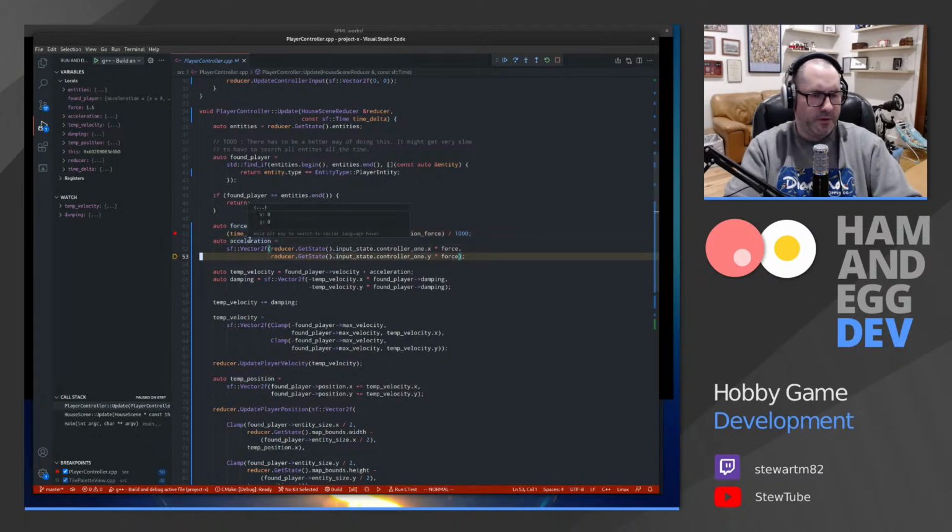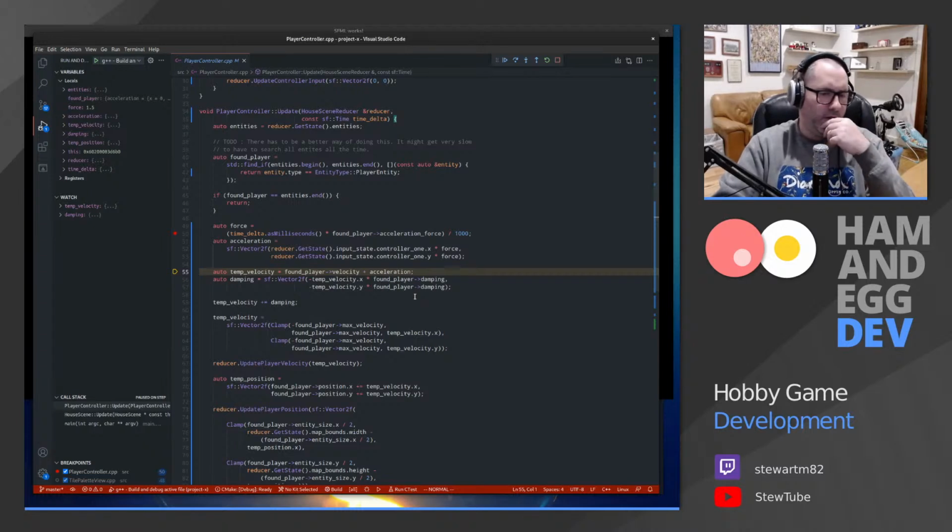So force is 1.5. We've got our acceleration state, which is 0. This calculates a velocity.